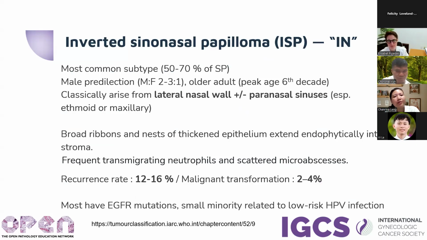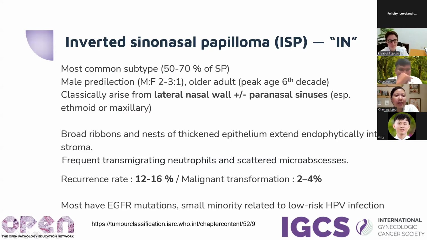It happens mostly in men, at a ratio of 2 to 3 times compared to women, and also in older adults, with a peak age of 60 years. It classically arises from the lateral nasal wall and paranasal sinuses, especially the ethmoid and maxillary sinus.